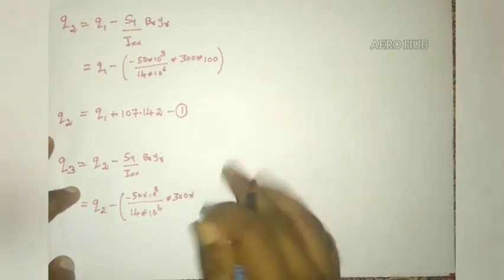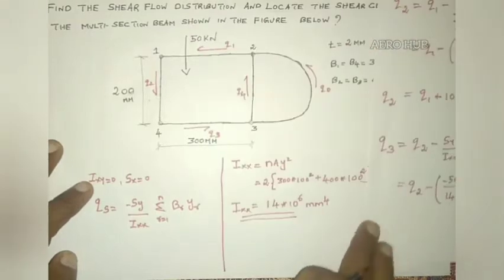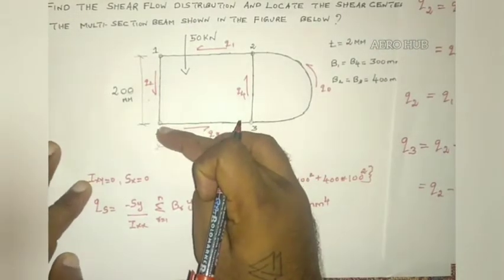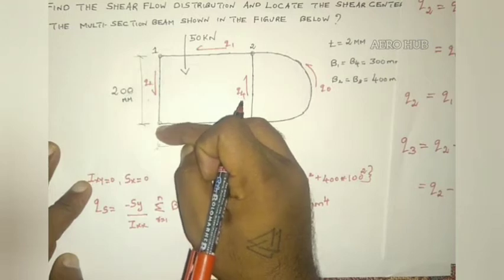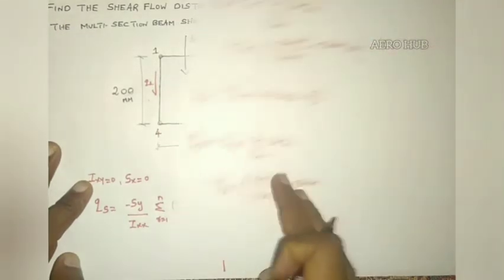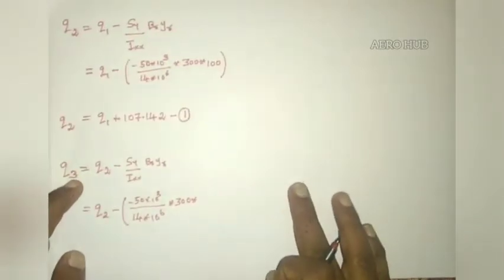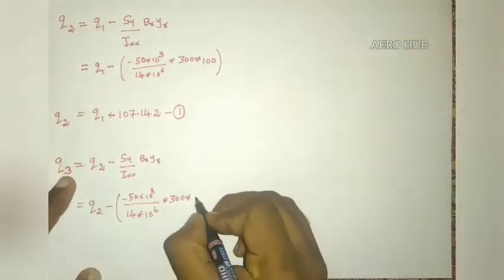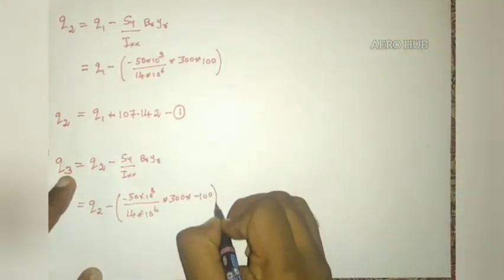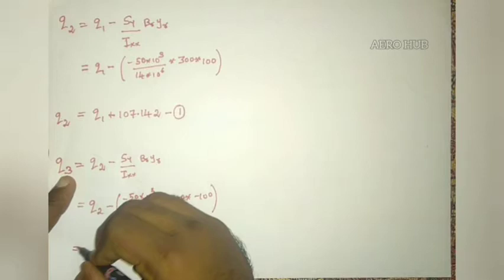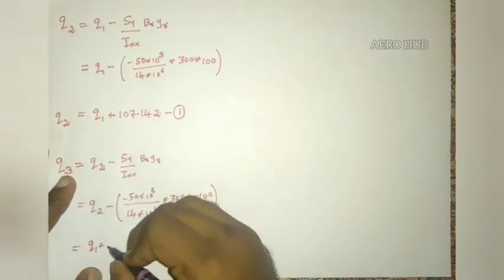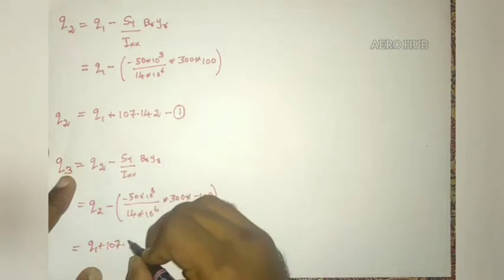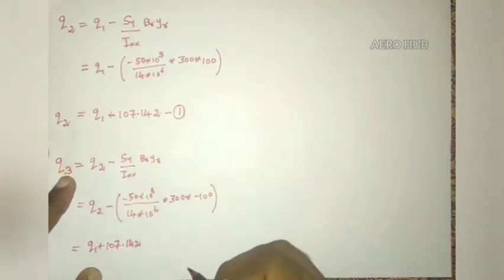And the value of y, this is tricky here. Boom area 4 is below the neutral axis, so I will write the value of y as minus 100. Okay, the total vertical height is 200, so the distance from the neutral axis will be minus 100. Okay, so I will be getting Q2, that is Q2 will be Q1 plus 107.142.